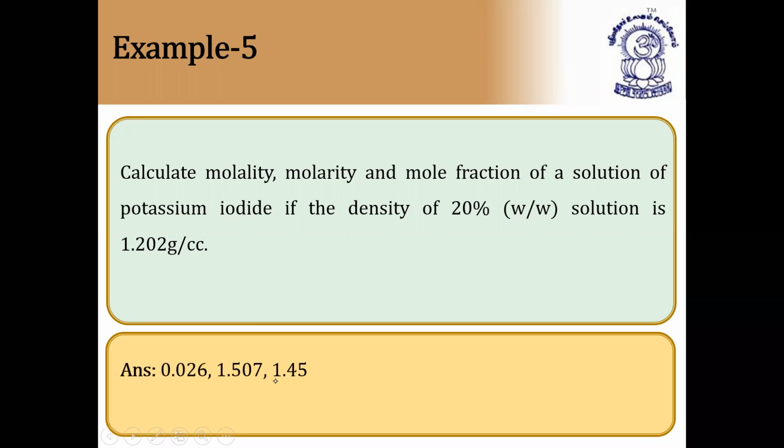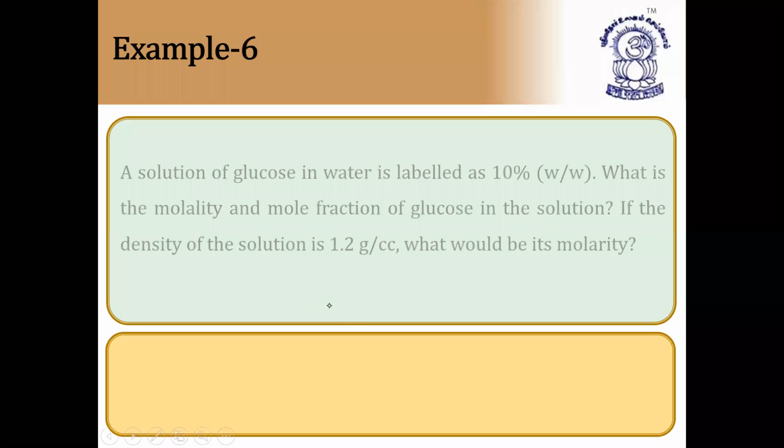They have given molality first, 1.507, which we got, the same thing approximately, and the third one is mole fraction, 1.45. So you can check the answers by using the same formulas I have given. That is most important.